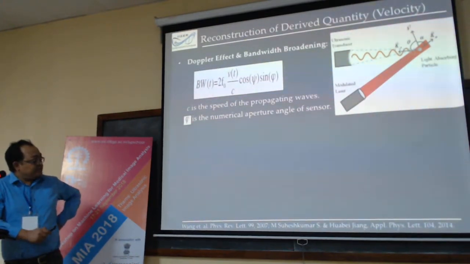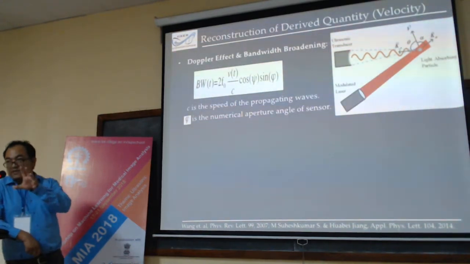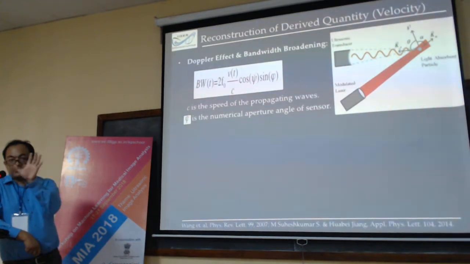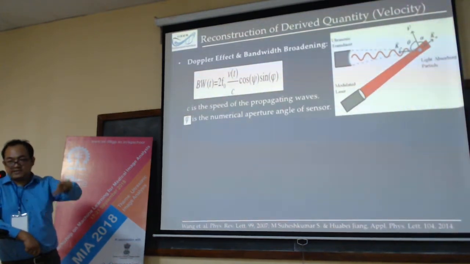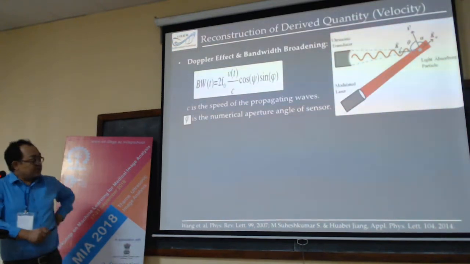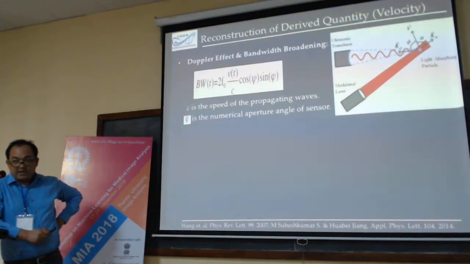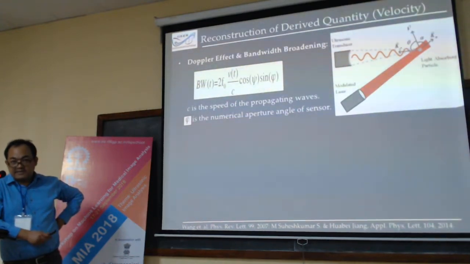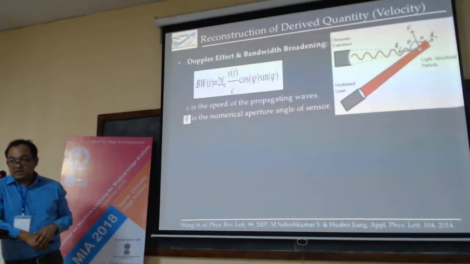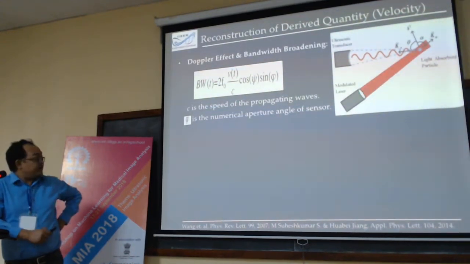However, considering the transducer surface as a distribution of the sensors, we can consider it as a distribution of elements. So the frequency shift from here to here would vary. It has a standard deviation. That is what we call the bandwidth of the frequency shift.